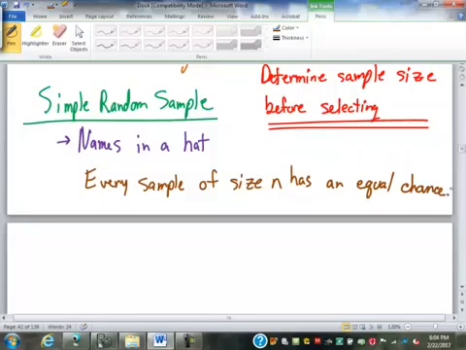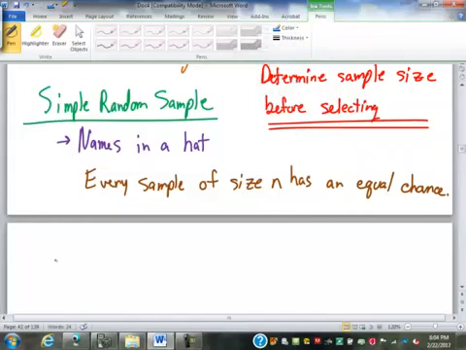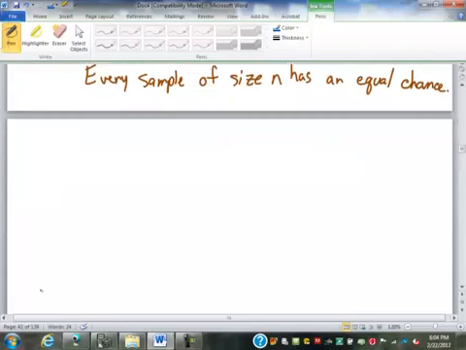Now you might be looking at that thinking, well, that seems obvious. If every person has an equal chance, well, every group of that size has a possible chance. But we're going to look at some processes where it's not necessarily so. Some textbooks refer to them as samples of convenience, but there's something called a convenience sample that's much different.